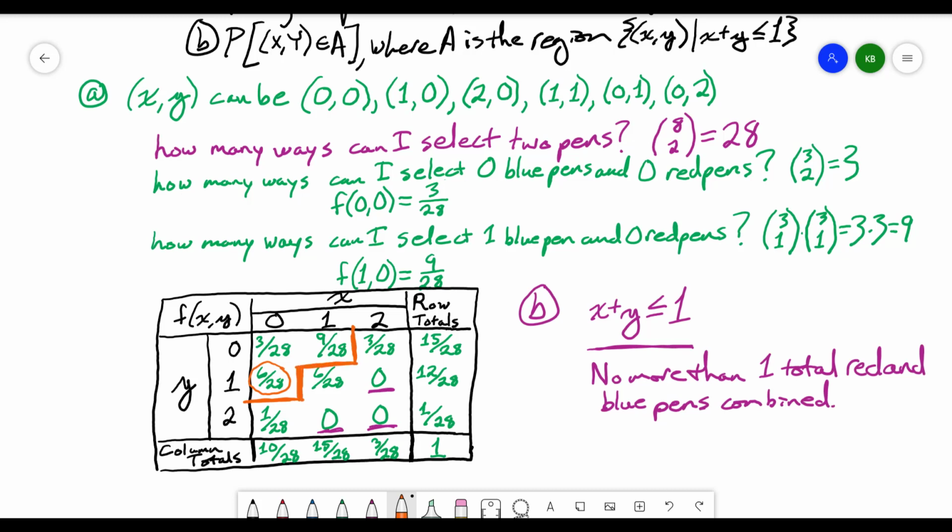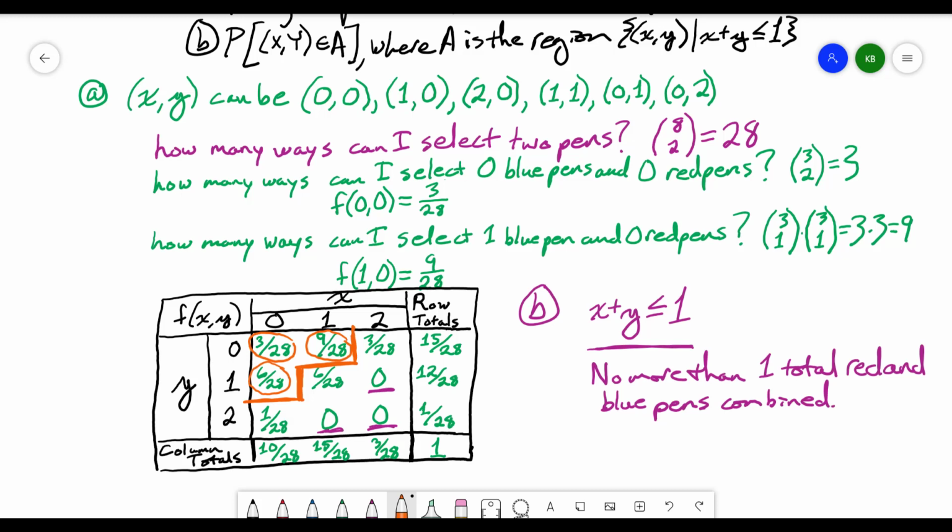And when I do that, I've kind of made a region here. Let's look at what else falls inside of this region that I've made. So x is 1 and y is 0. I have 1 blue pen and 0 red pens. That is no more than 1 total combined, so that's okay to be in here. And then 0 and 0, 0 blue pens, 0 red pens, gives me no more than 1 of them combined. So those 3 values are okay.